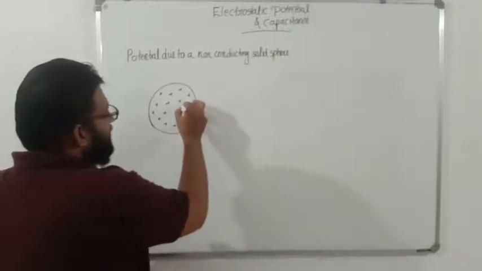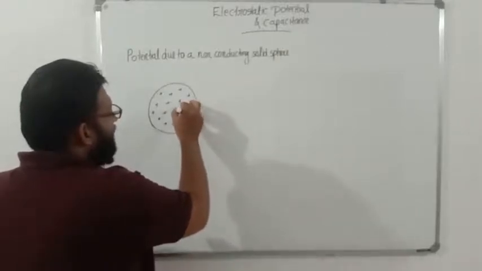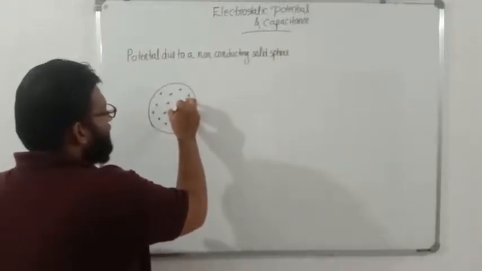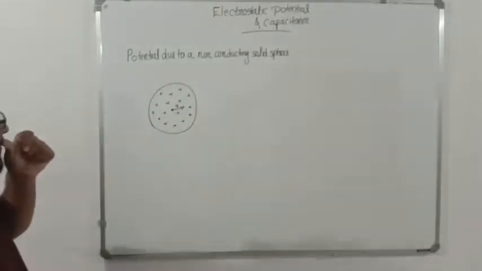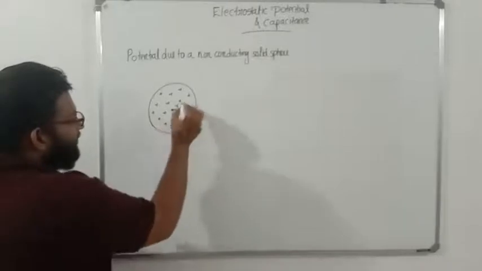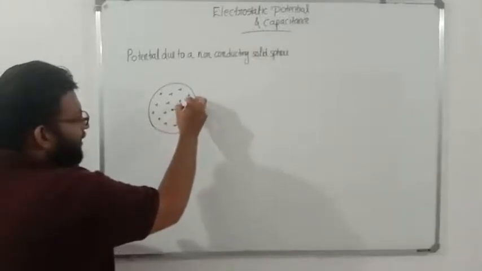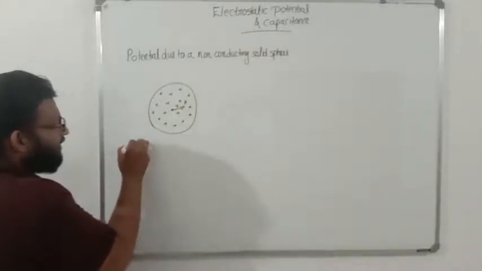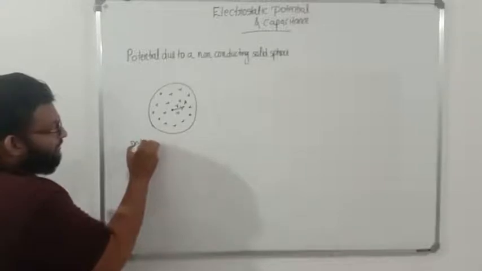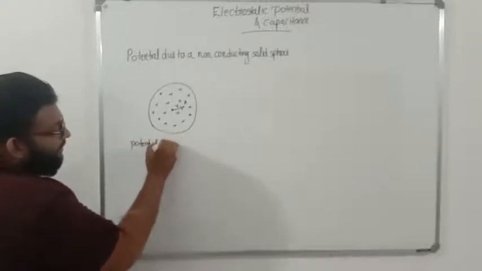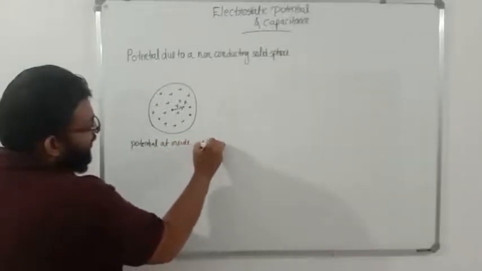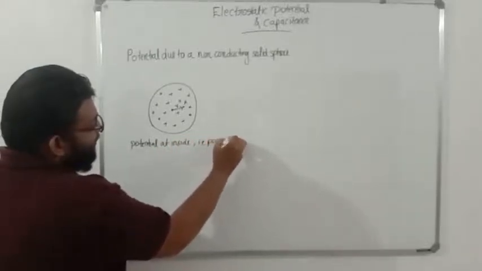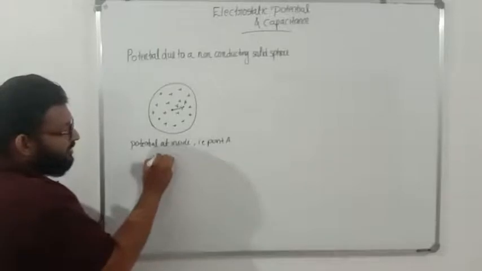Now we select a point inside. That point is having a distance r, no problem. R is the distance. Then maybe this is point A. We can say that potential at inside, that is point A. At point A, you can see the equation is very simple.